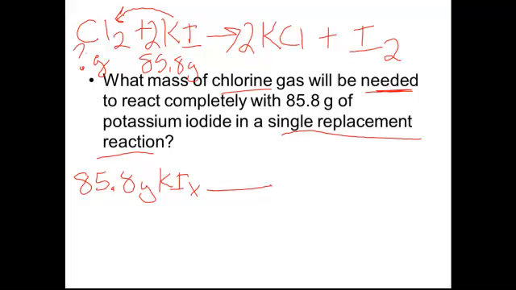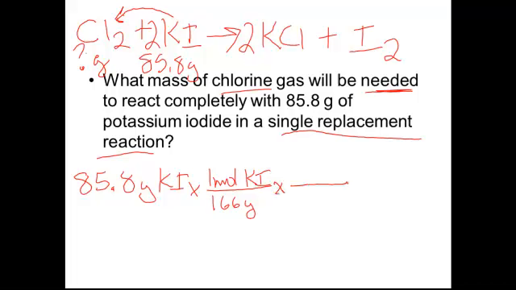So potassium has a mass of 39.1 plus iodine, which has a mass of 126.9. I get a mass of 166 grams in 1 mole of KI.